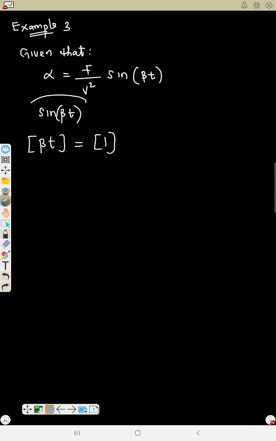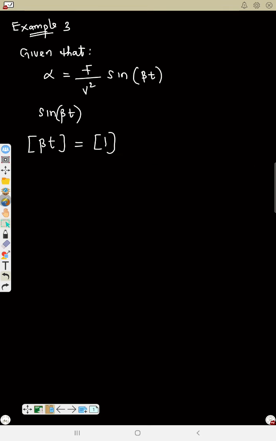Also, the whole sine is 1. That means it's dimensionless, meaning it is M raised to power 0, T raised to power 0, current, temperature, everything is raised to power 0.